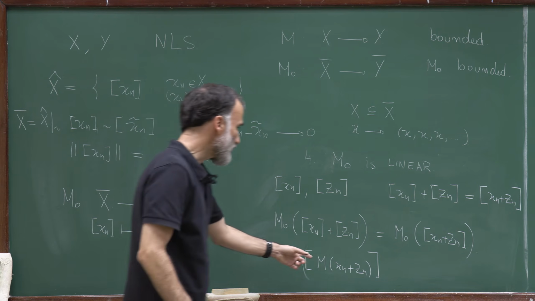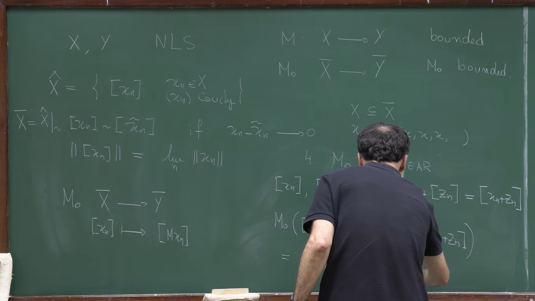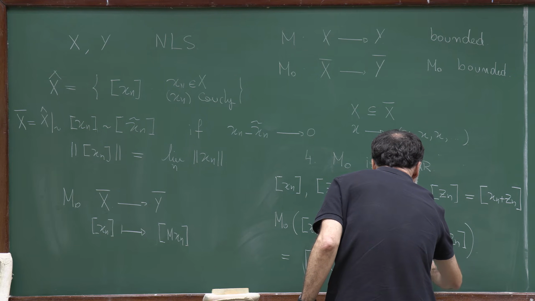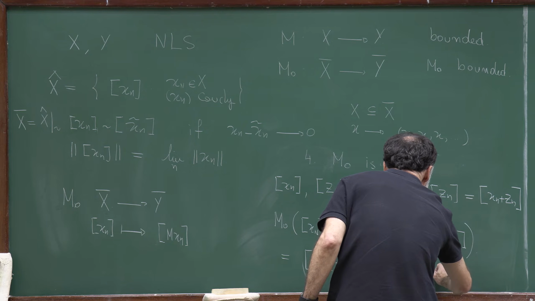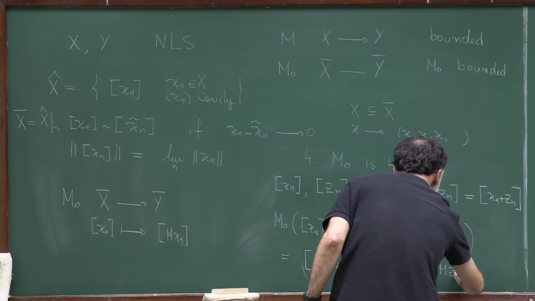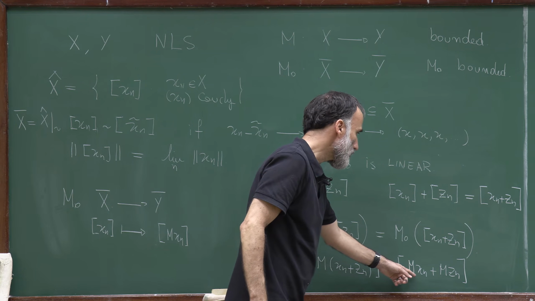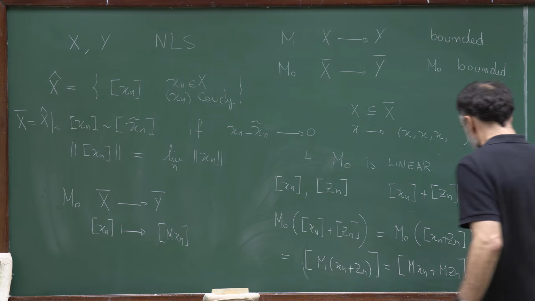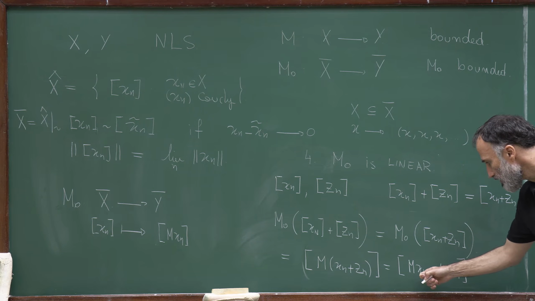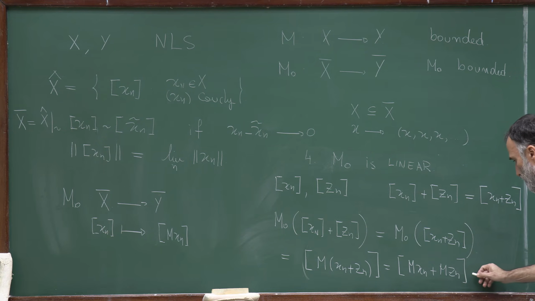But by linearity of M, this is the equivalence class of M x_n plus M z_n. And again, by property of equivalence classes, the equivalence class of the sum of these two sequences is the sum of the equivalence classes.